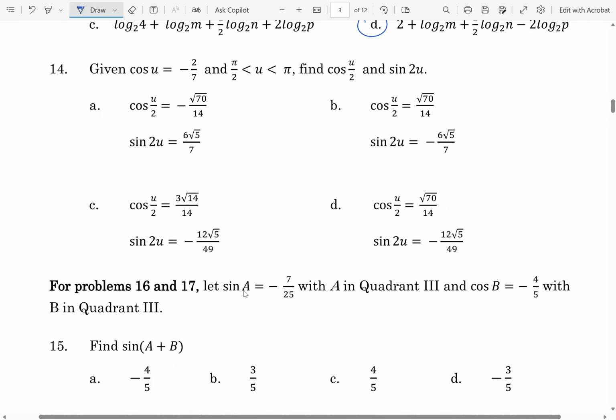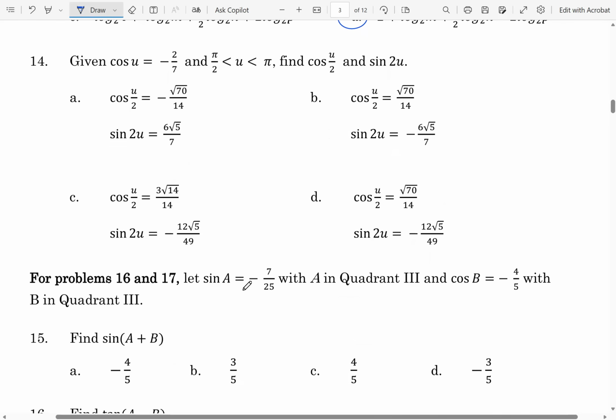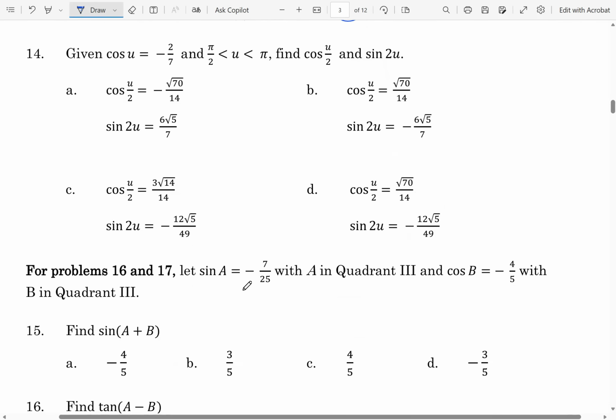Be careful, question number 14 is starting some trigonometry here about the trigonometric functions sine, cosine, and tan in angles in different quadrants, maybe first, second, and third. Given cosine u equals negative 2 over 7 and u between pi over 2 and pi, it means the angle lies in the second quadrant. So the best way to solve this question is just to draw a triangle in the second quadrant, and this is the angle u.